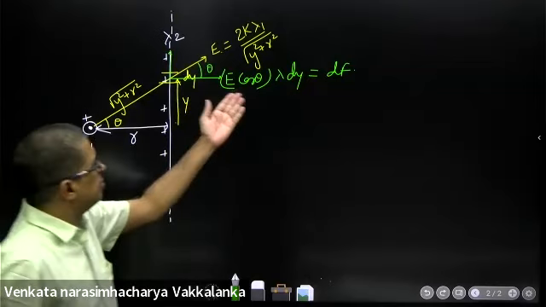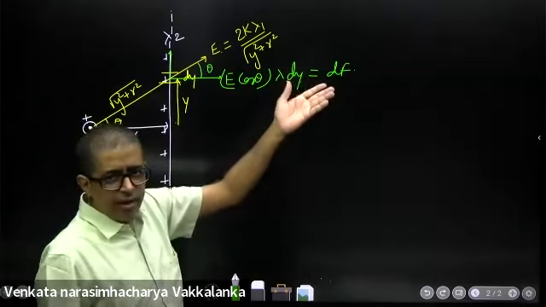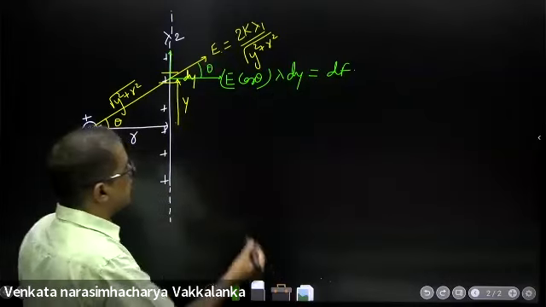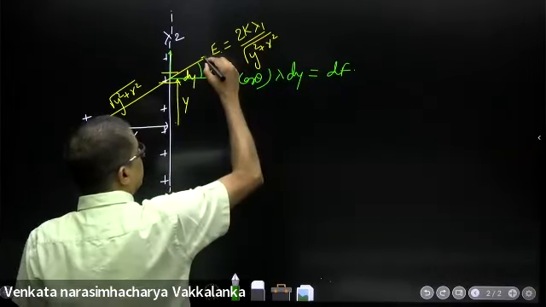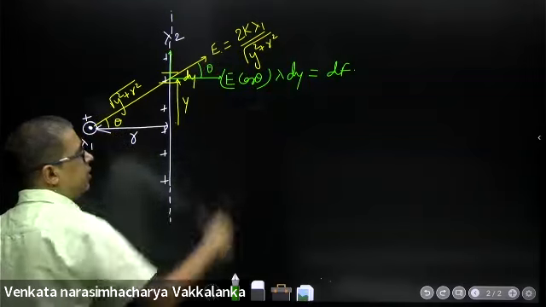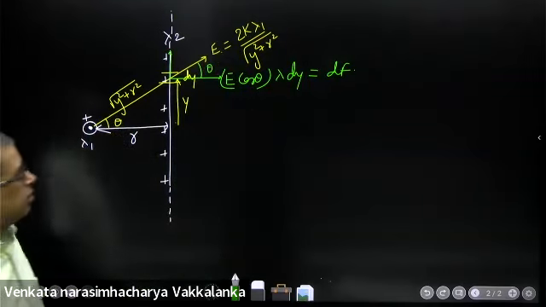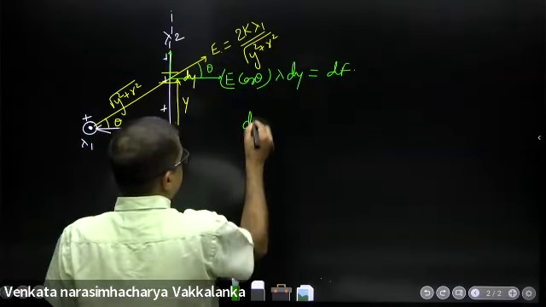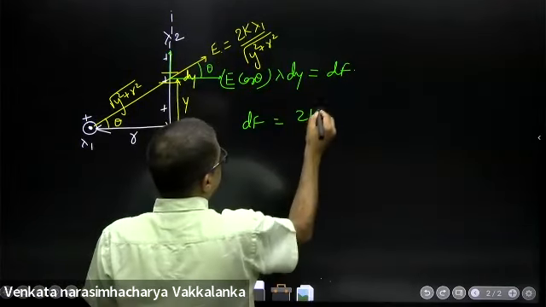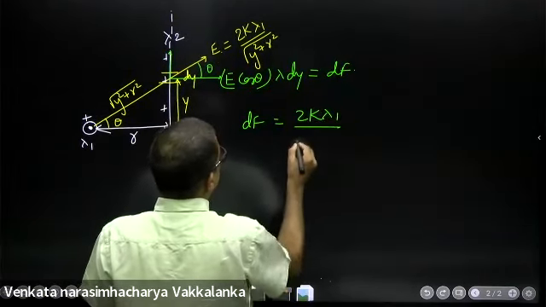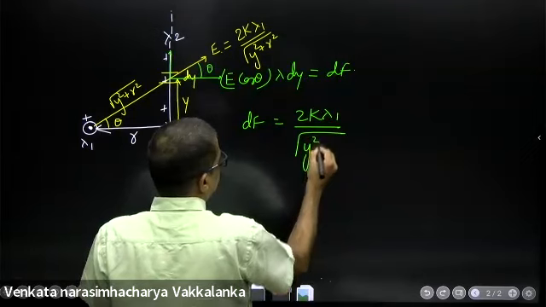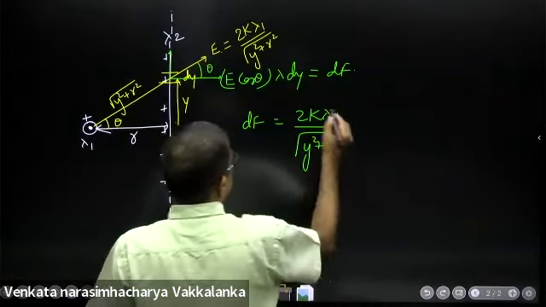Either way, you take dF here, dF cos theta, E lambda dy into cos theta. No big deal.